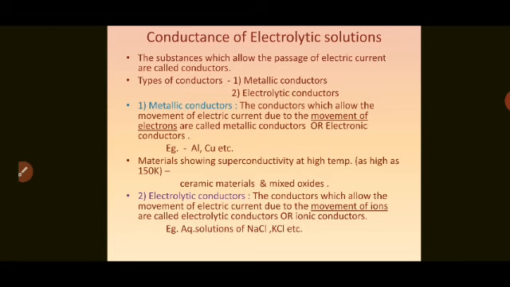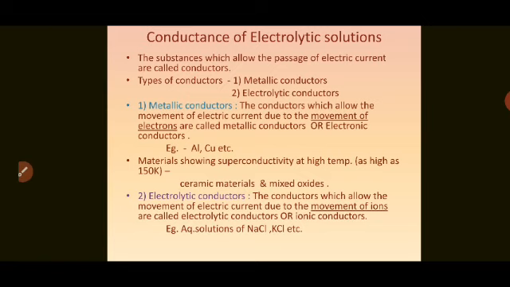Next, conductance of electrolytic solution. Just I will give you one reference from the topic solid state. All of you have learned that metals are good conductors of electricity. Why do we say metals are good conductors? Because in metals, metallic bonding is present. What is meant by metallic bonding?